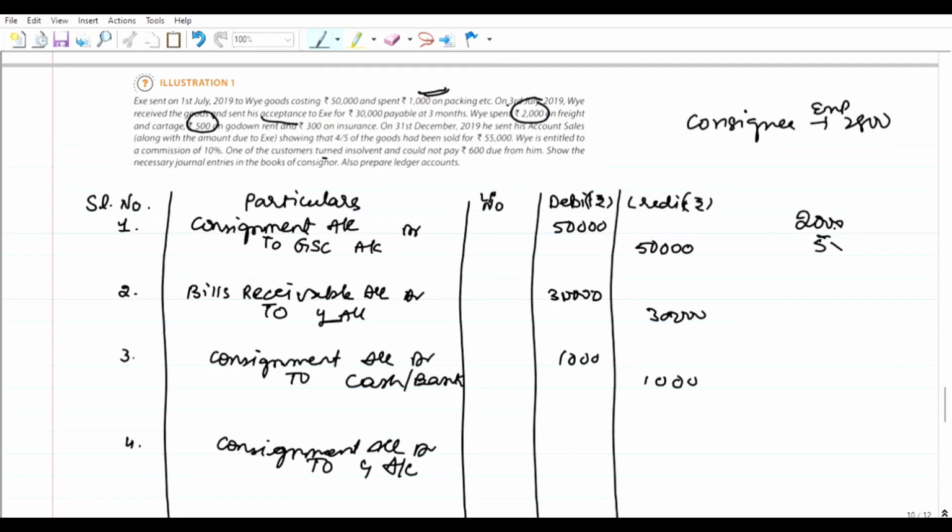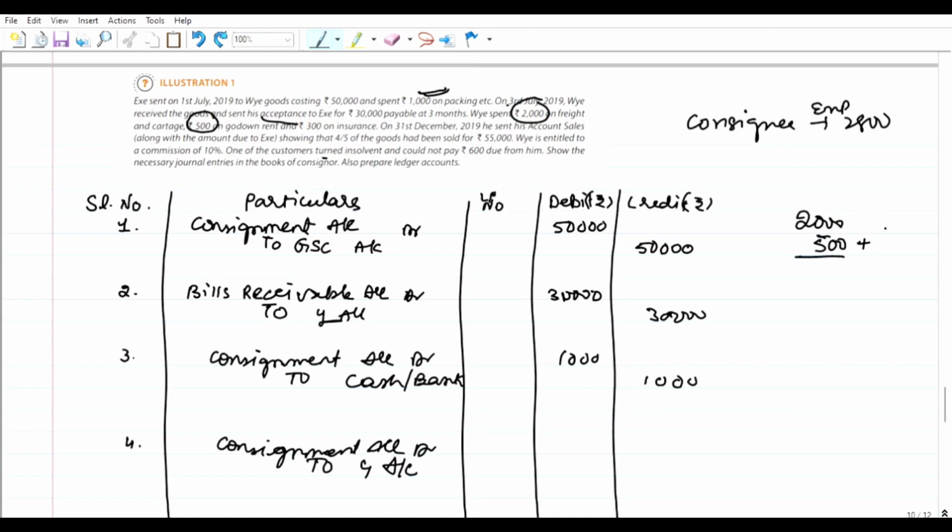You might doubt why we did not consider that 300 rupees. The 300 rupees is for godown and insurance that the consignee will incur every time, that is recurring expenses. But non-recurring expenses are the expenses incurred from the boarding point to the godown.